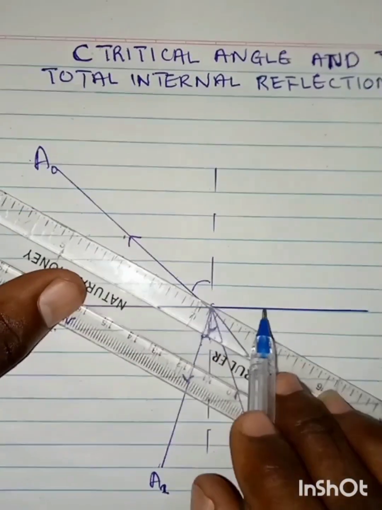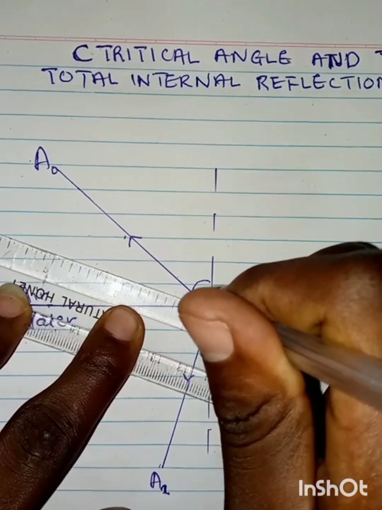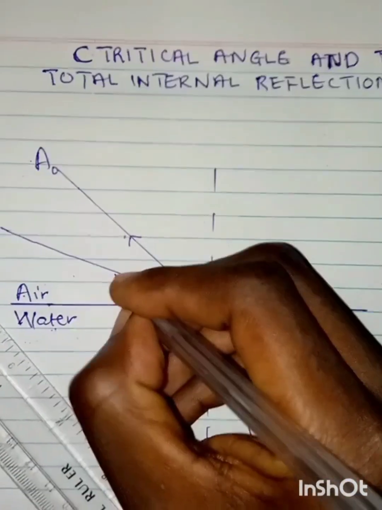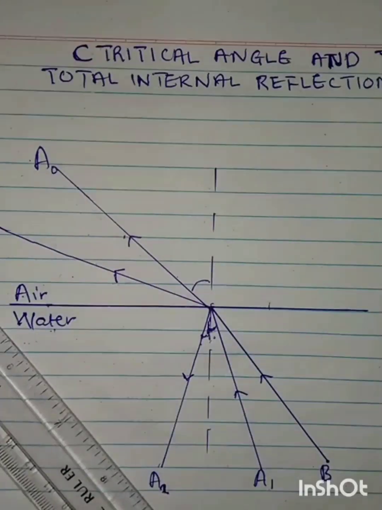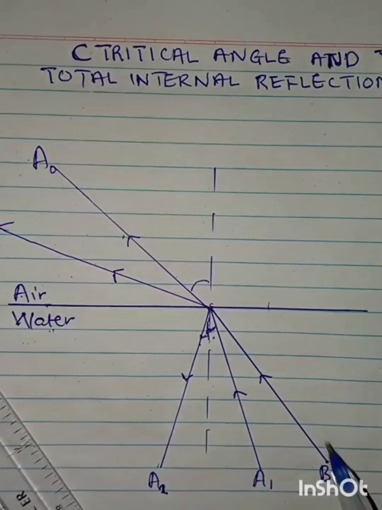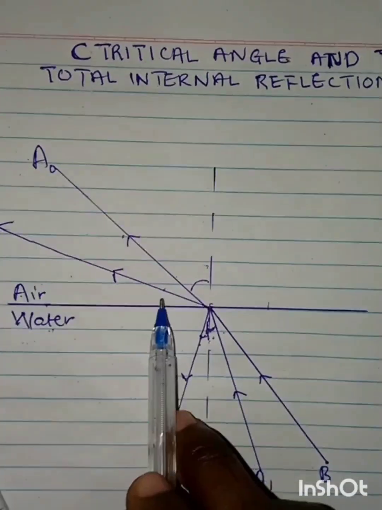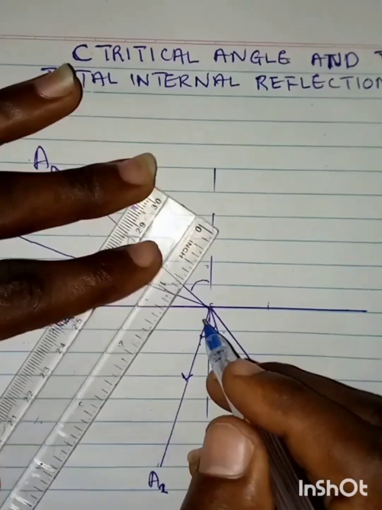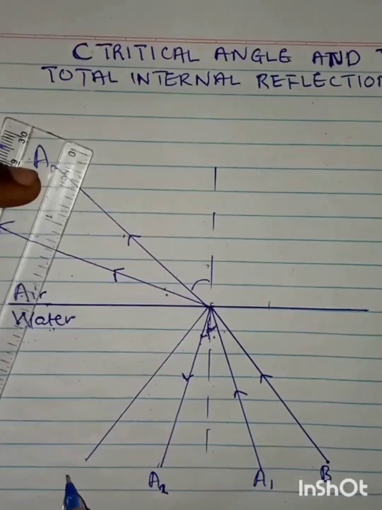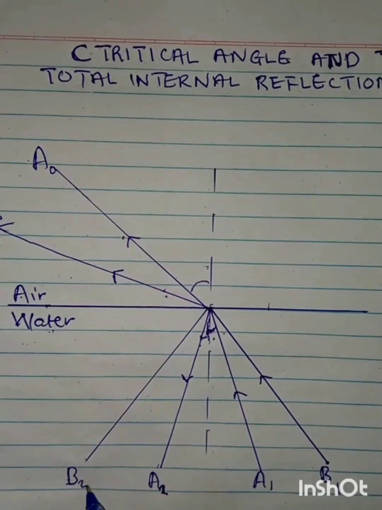The ray of light will be refracted at a certain angle. Now, as I've said, as the angle of incidence increases, also the angle of refraction increases. And some light will be reflected. That is this B1, this should be B0, this B2.